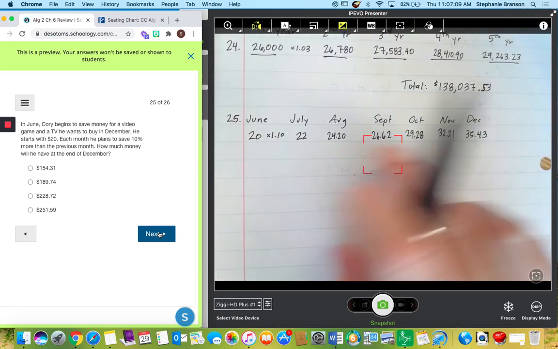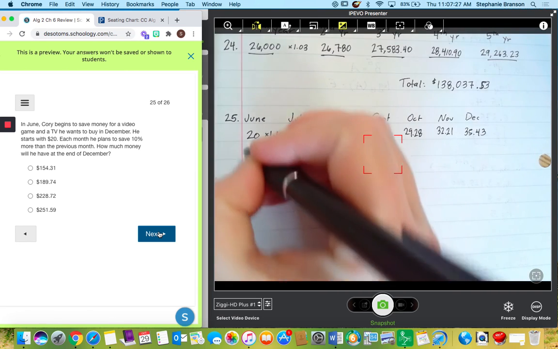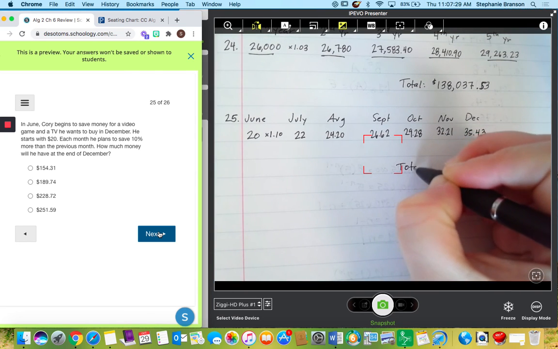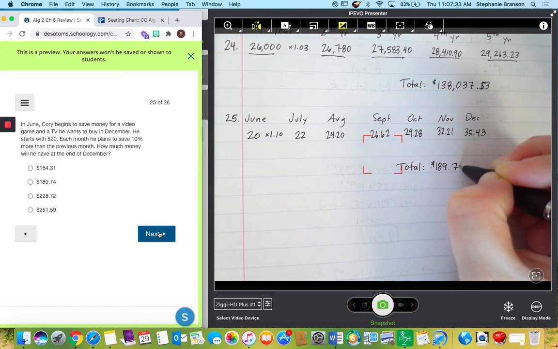So now I'm going to add all of these together to see how much he saved over all of those months. And over those months, Corey saved $189.74.